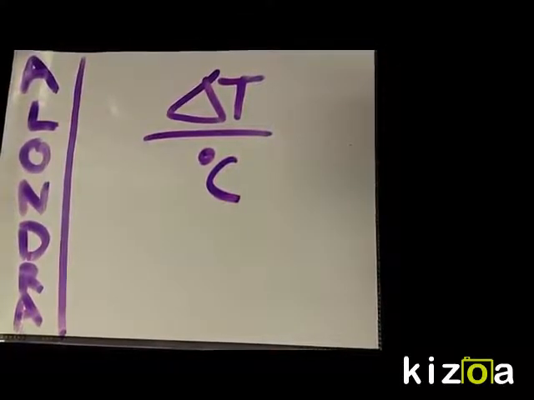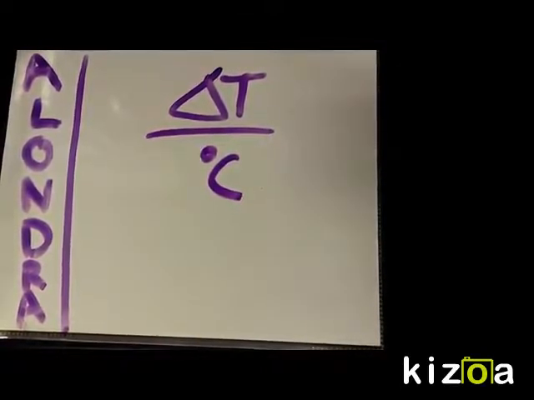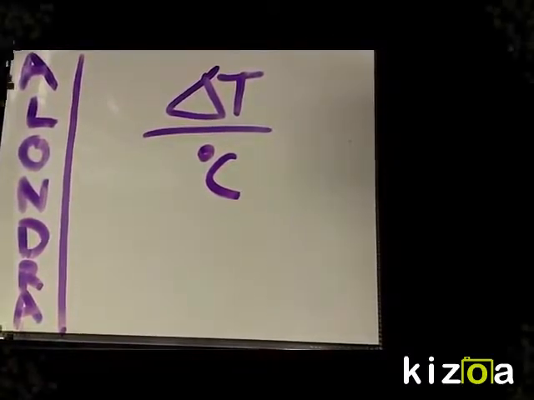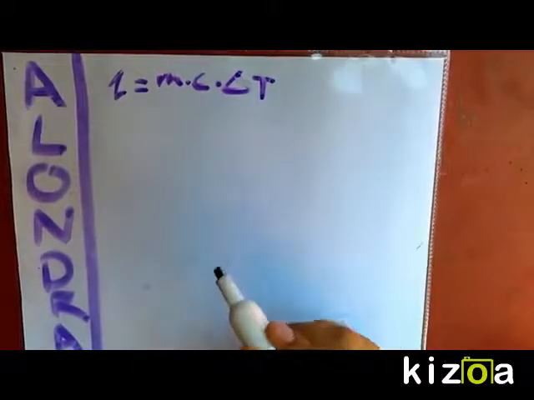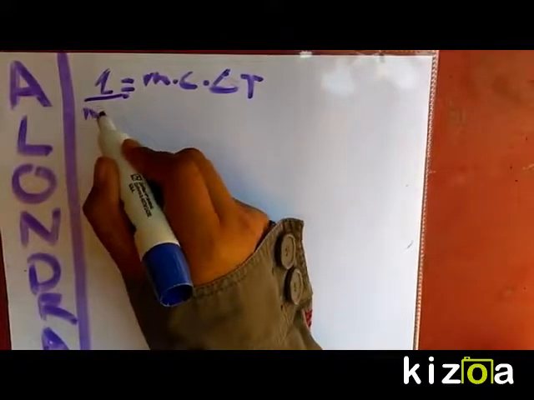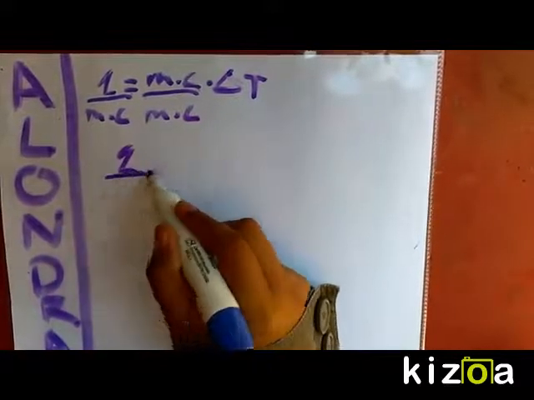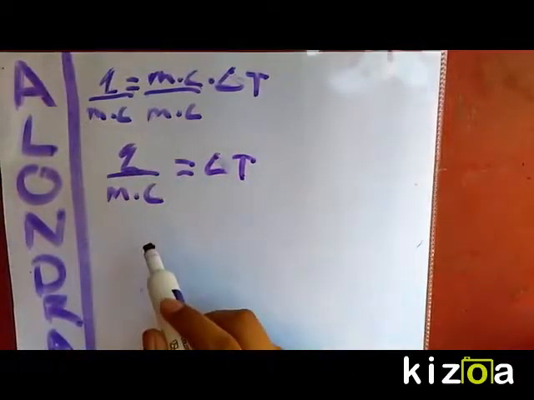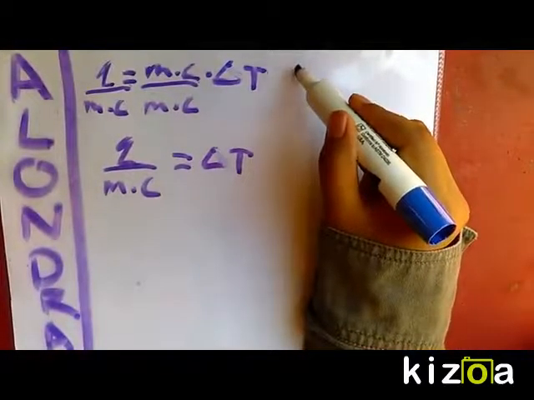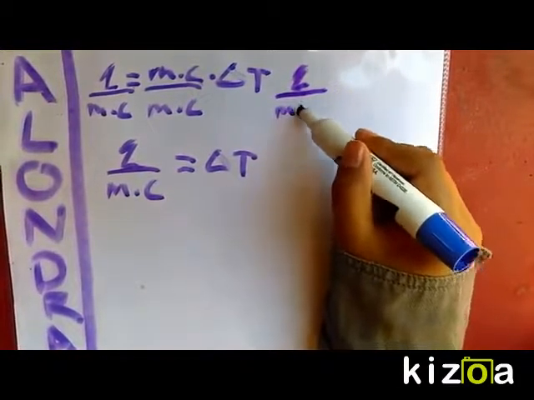In order to find it, we use the equation Q equals M times C times triangle T. But we need to solve for triangle T, so we're going to convert this equation to a formula that will allow us to solve for triangle T. Once we solve for that, we're going to get Q over M times C equals triangle T. So we're going to use this equation to solve for triangle T, and we're going to plug in the variables.